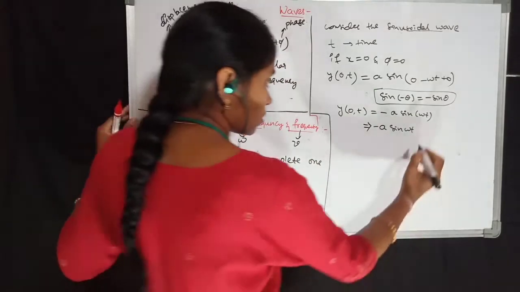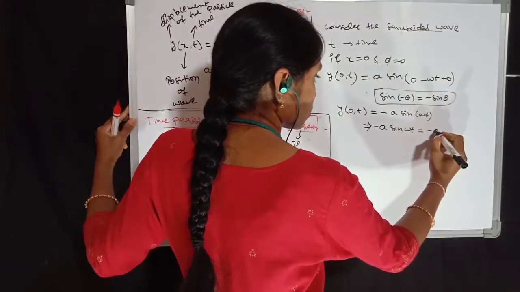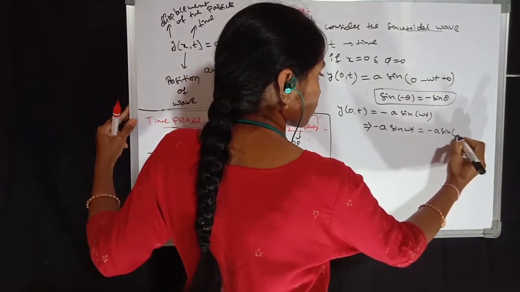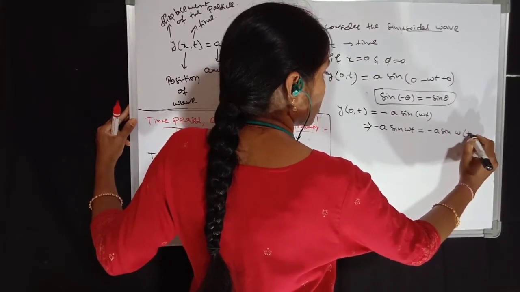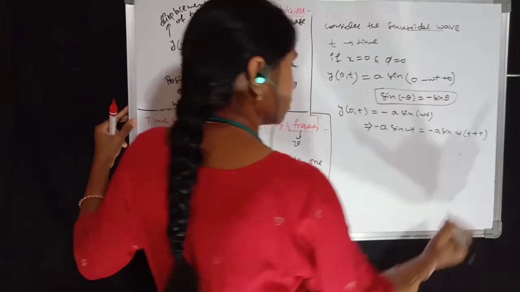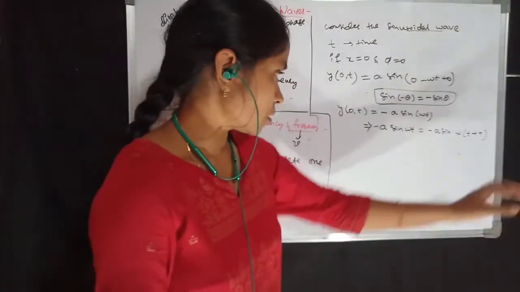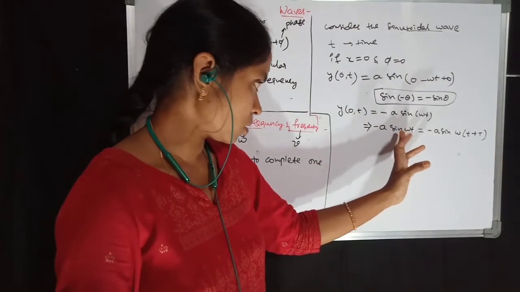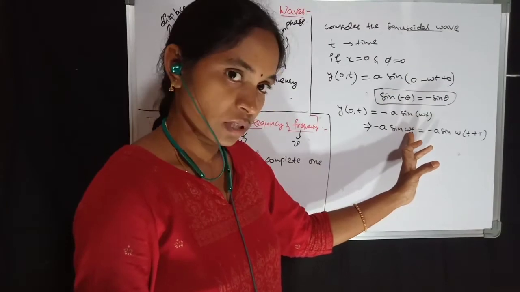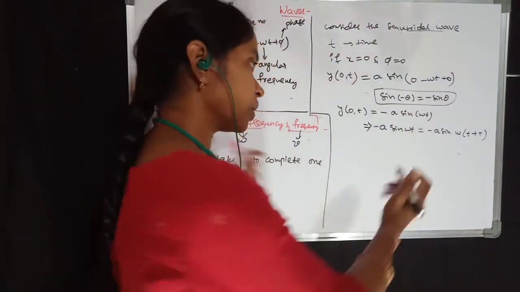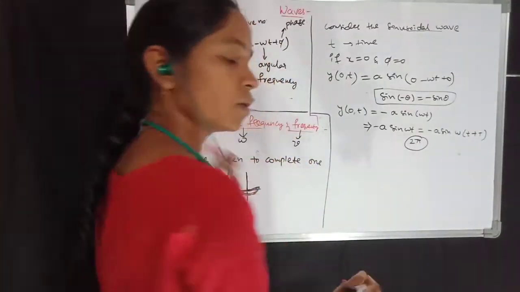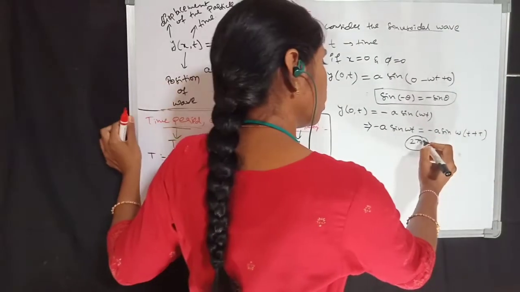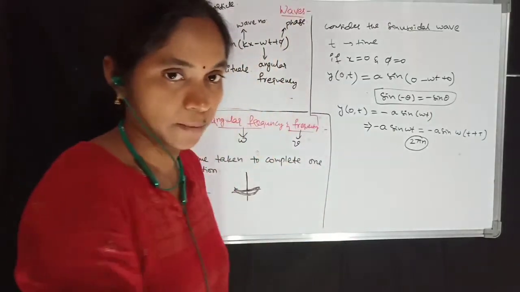This will be equal to minus a sine of omega, taking omega common, omega of t plus T. See here, the sine function repeats its value at 2 pi or 2n pi.